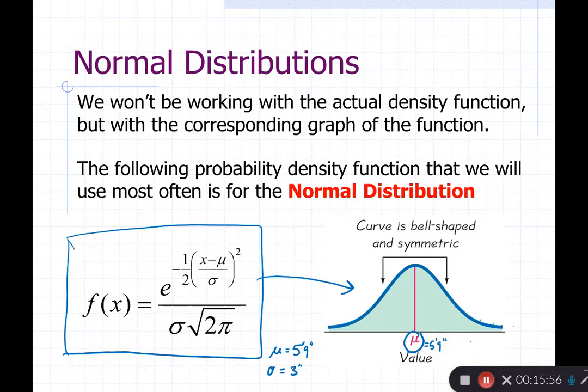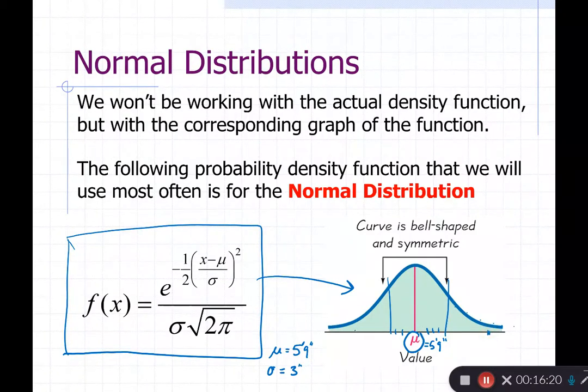Now, it's not unusual to see someone who's 6 feet tall or 6'1". Those values are above average, but they're not very uncommon. Or 5'8", 5'7". These values close to the average are likely to happen. But how often do you see someone who's 7 feet tall? Well, that would be way over here.